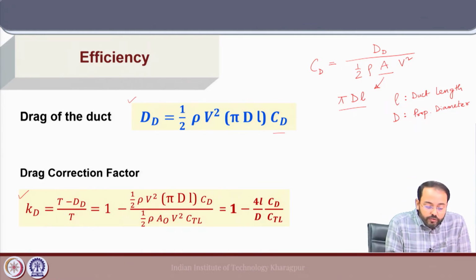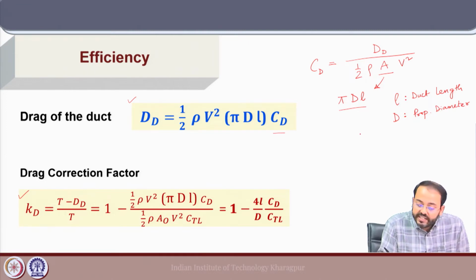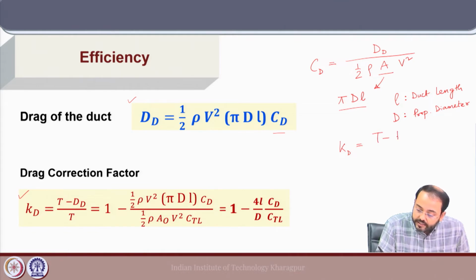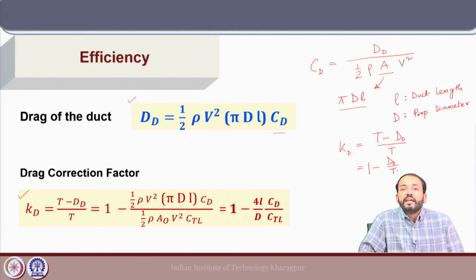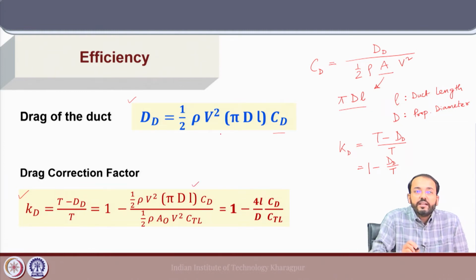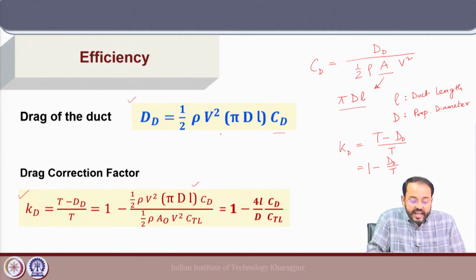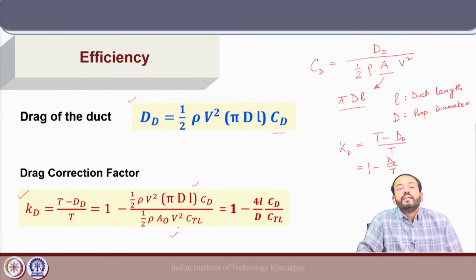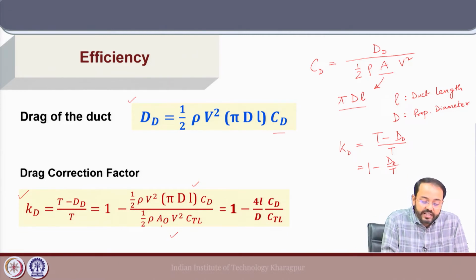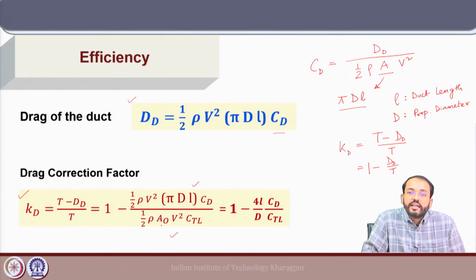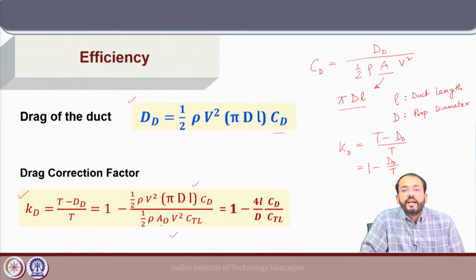Now, thrust minus dd by T, Kd, is 1 minus dd by T, and dd is given above in this equation, and thrust can be represented with respect to the thrust loading coefficient CTL multiplied by half rho A0 v square, and A0 is nothing but pi d square by 4.